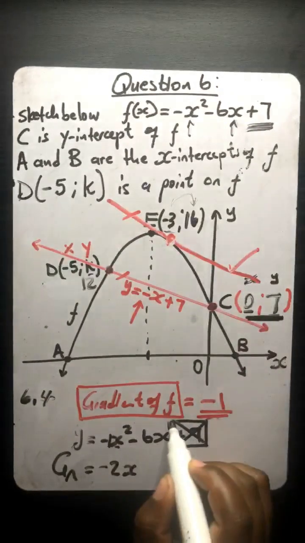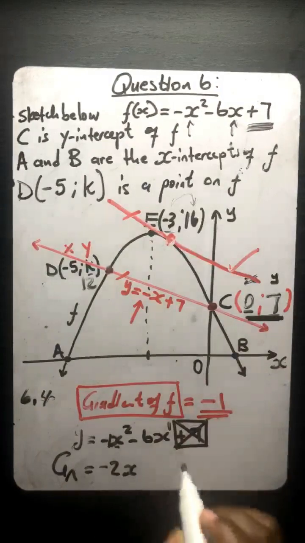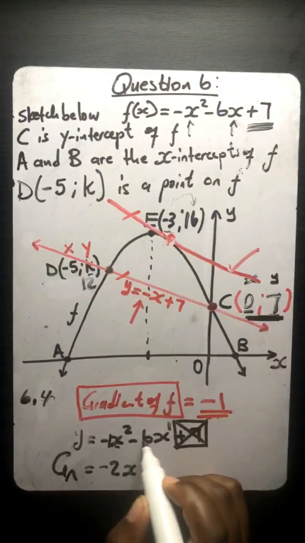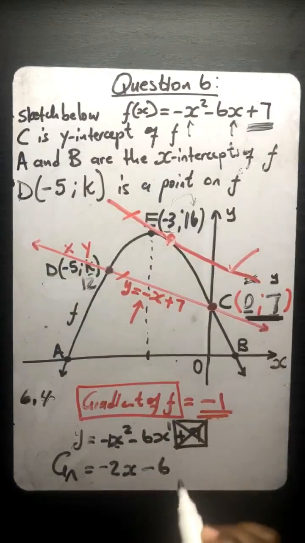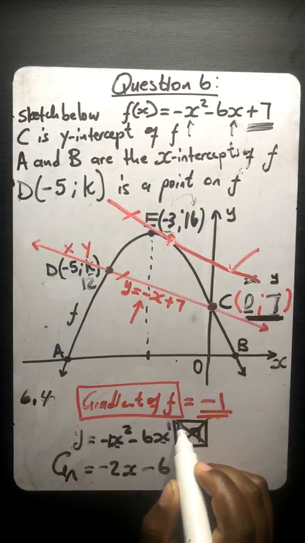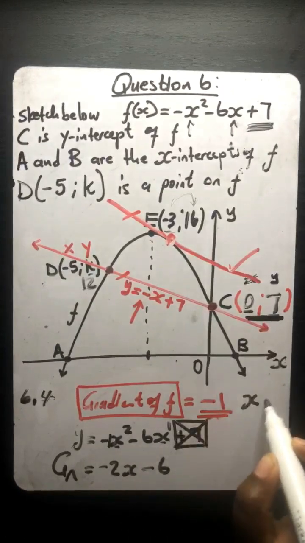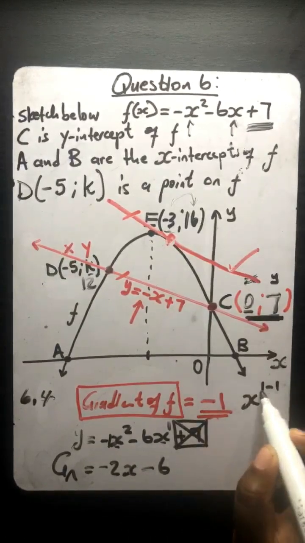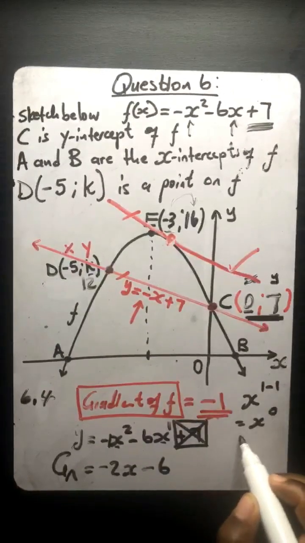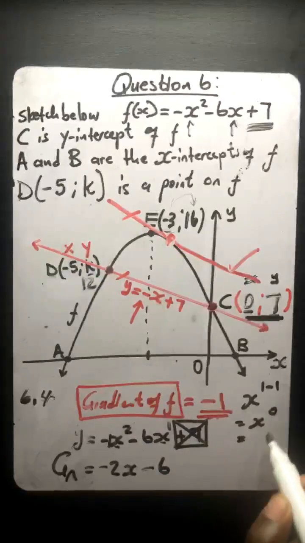You do the same with that second term. So you're saying 1 multiplied by the coefficient being -6. Is it not -6? And then you're going to say x to the exponent of 1 minus 1. What is 1 minus 1? It's the same as 0. So we know that anything to the exponent of 0 is 1.